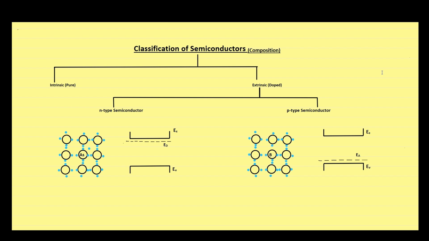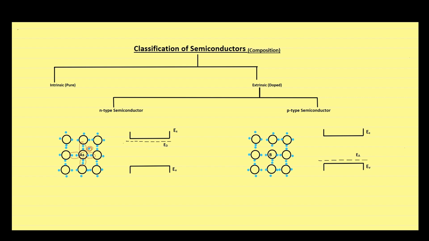We have a small portion of a crystal lattice in which the central atom is arsenic and all the nearby atoms are silicon. As you can see, 4 electrons of arsenic are shared with nearby silicon atoms, but one electron is still in excess and is quite unstable.